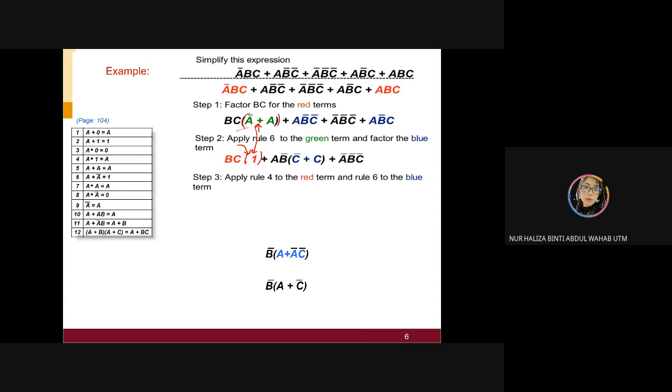So in terms of this step, then we know you are applying rule number 1, which means A bar plus A equal to 1. After that, you're going to apply rule number 4 with the red things. A dot 1, you will get BC also.